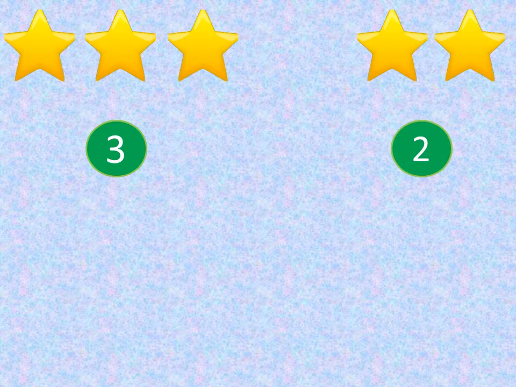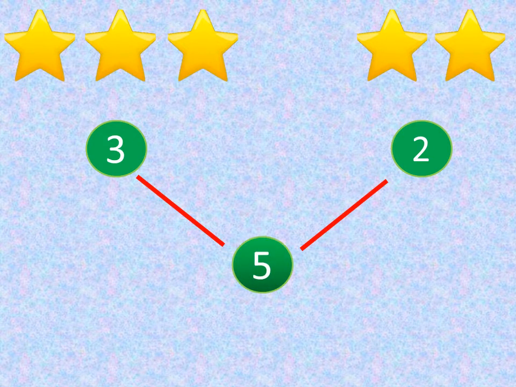Look at this one. 3 stars, 2 stars. We know 3 and 2 make 5. Now how do we write this using plus mark and equal mark?